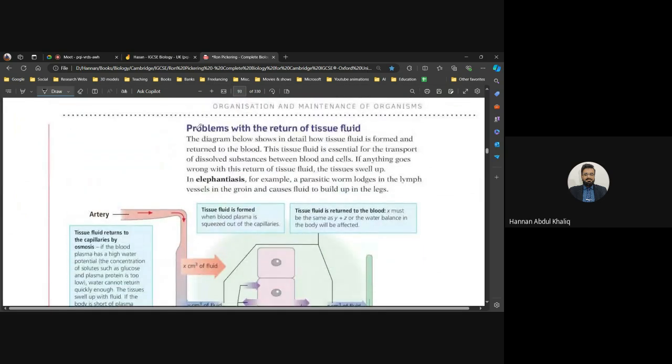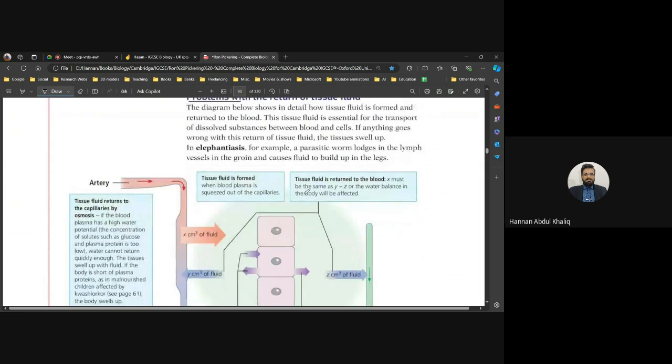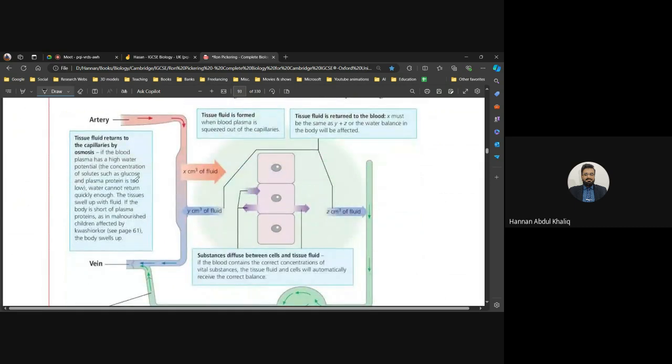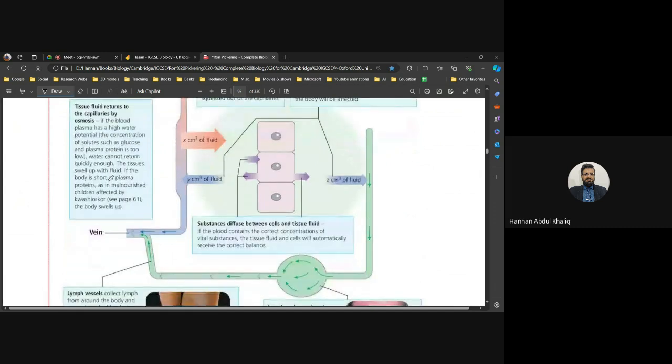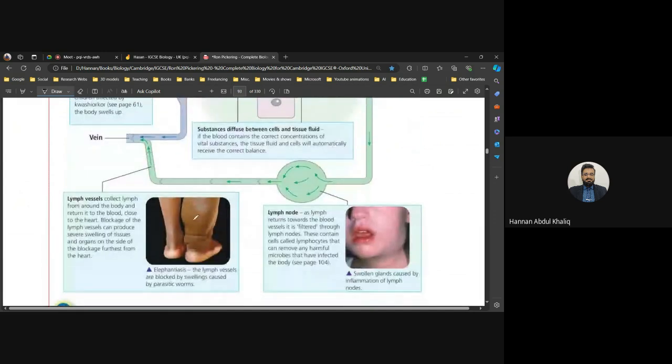And this is some extra information, problems with the return of the tissue fluid. Basically, if your lymphatic system is not properly working, then your lymphatic vessels, your lymphatic system would become choked, your tissues would become choked, and your legs would appear like this.